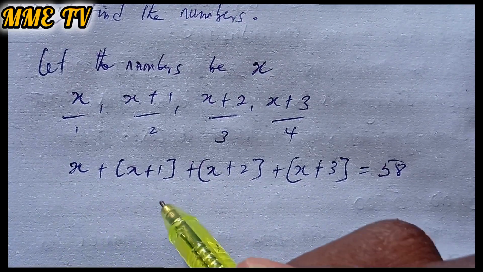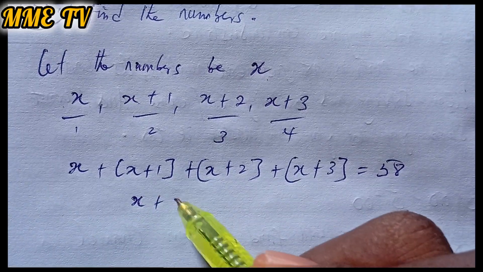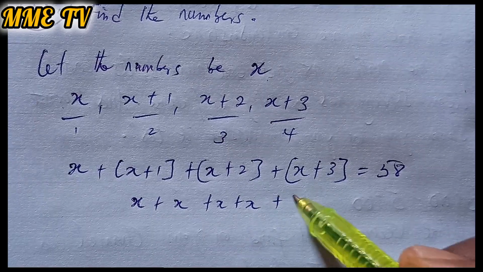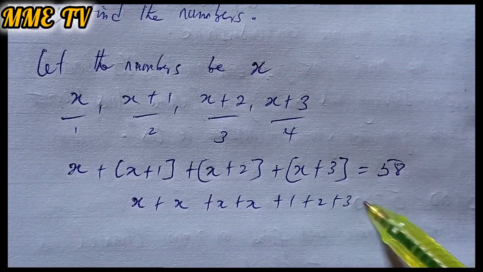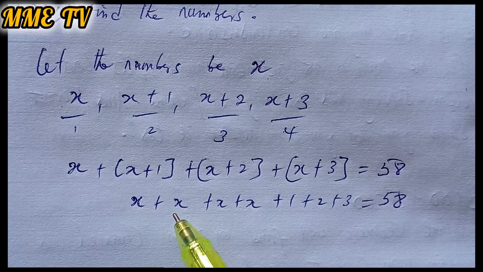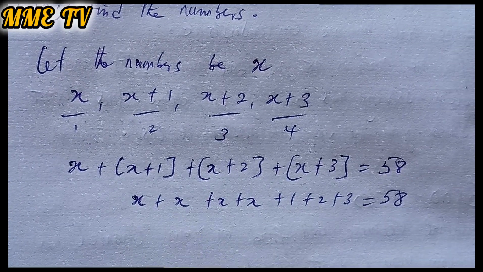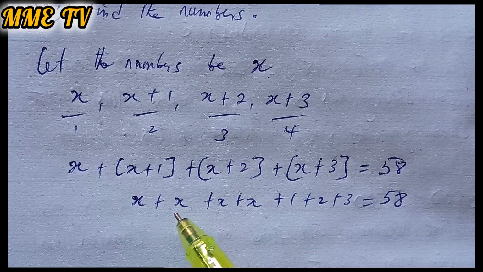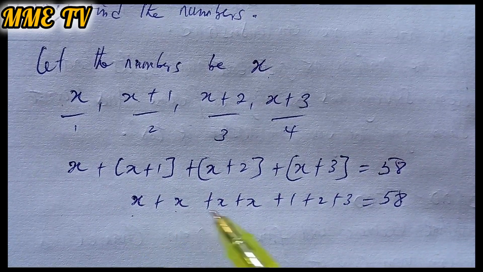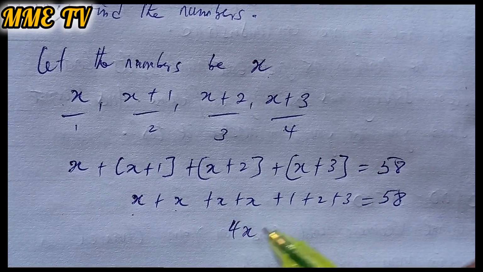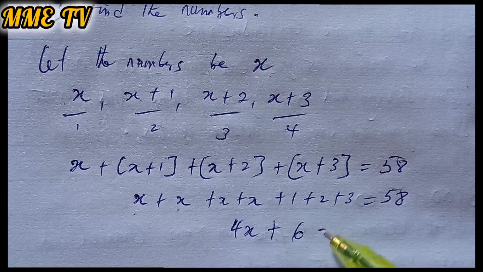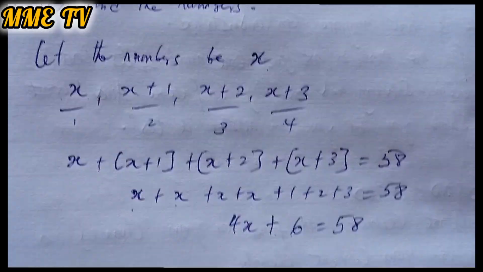They are 4 in number. Then I will say x plus x plus x plus x plus 1 plus 2 plus 3 is equal to 58, right? So x plus x plus x plus x is equal to 4x, plus 1 plus 2 plus 3, that is 6, is equal to 58, right?